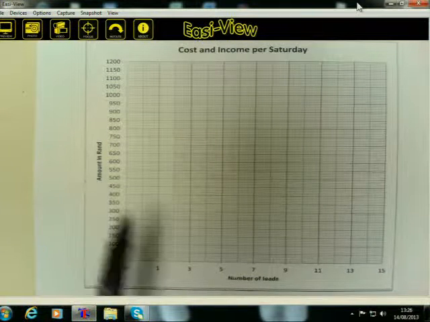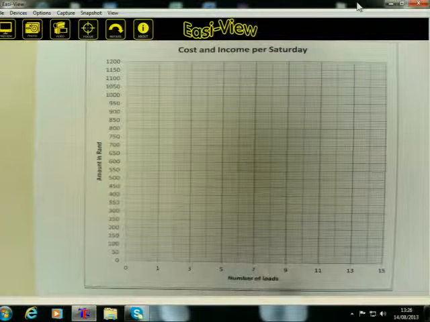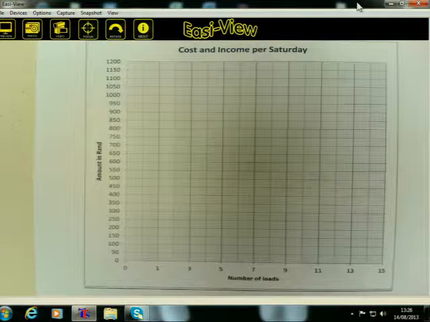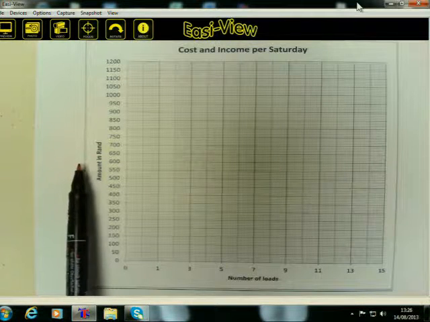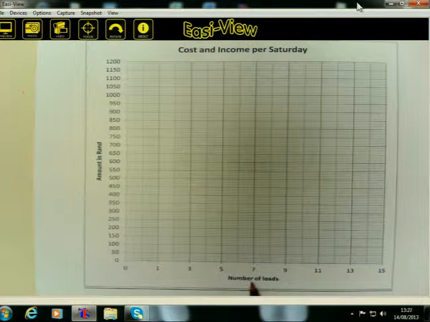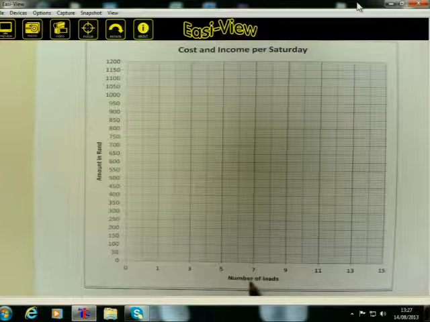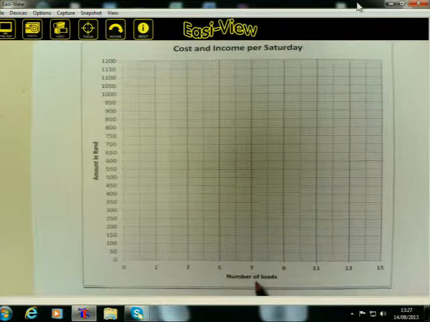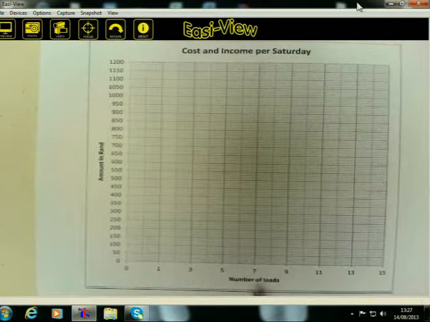The amount depends on the number of loads. So the dependent variable must go on the vertical axis, which mathematically we call the y-axis. And the independent variable must always go on the x-axis, or the horizontal axis.